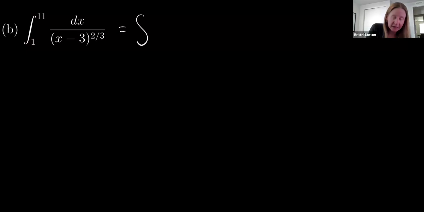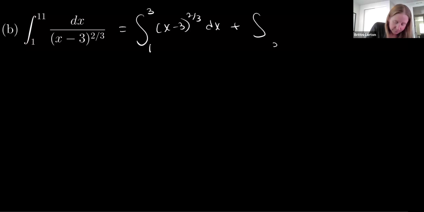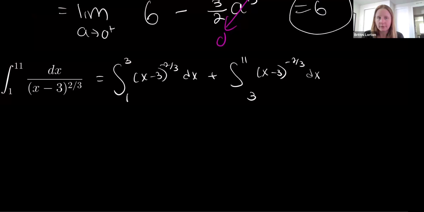So the only way I can turn it into a limit is the limit has to be for the problem point. So this would become the integral from 1 to 3 of x minus 3 to the negative 2/3 dx, and then plus the integral from 3 to 11 of x minus 3 to the negative 2/3 dx. Sorry, I'll give you some space there so you can see it at least. And then each one of them is going to turn into a limit.